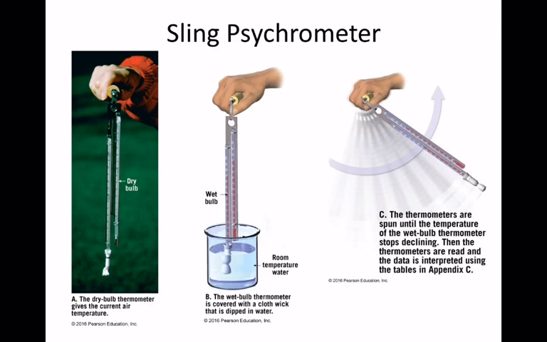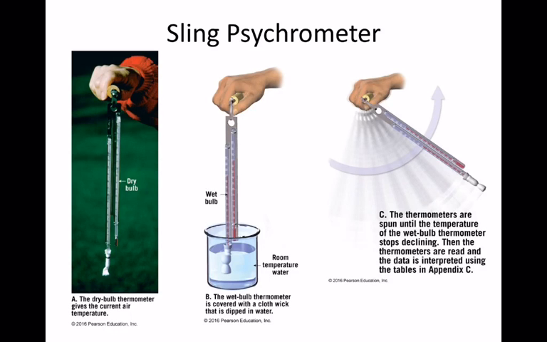Just jot down the dry bulb. And then I'm going to go around and I'm going to have you tell me what you got. I'm going to start with the dry bulb, the one that didn't have a sock, and then tell me what the wet one was. Dana.